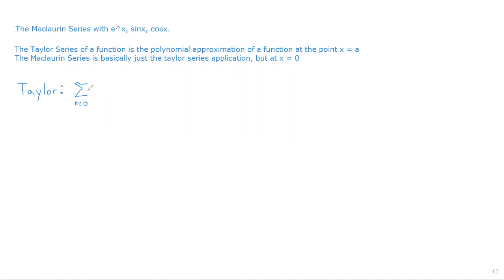The series from n equals 0 to infinity of f, the nth derivative of a, over n factorial, multiplied by x minus a to the power of n.